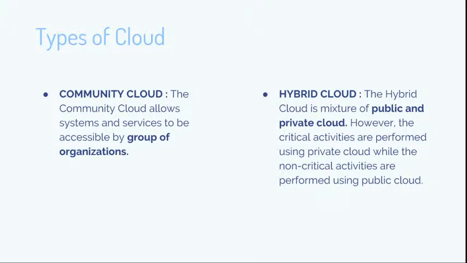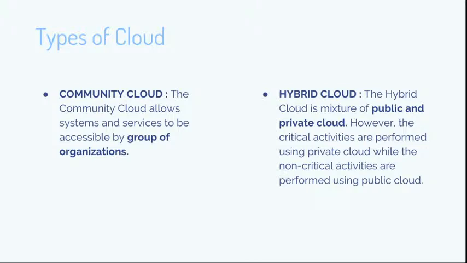The product and income related information about that company is accessed by one group of persons, and the marketing and advertisement side can be seen by some other public also. That is the difference. Community cloud is a group of organizations, and hybrid cloud is public plus private cloud.